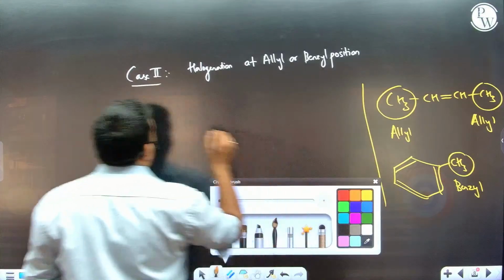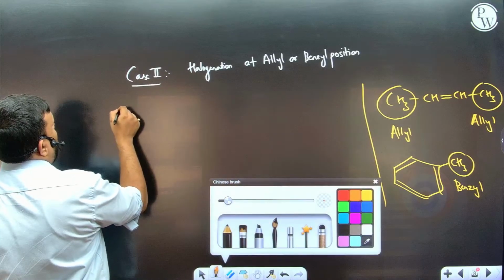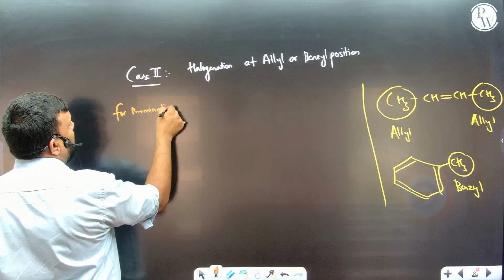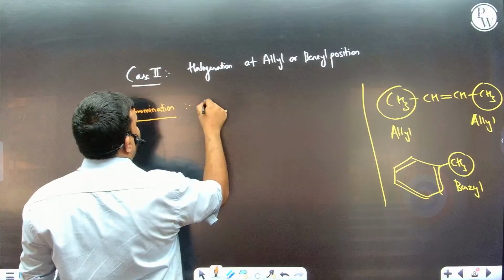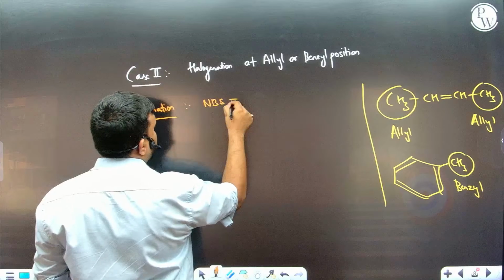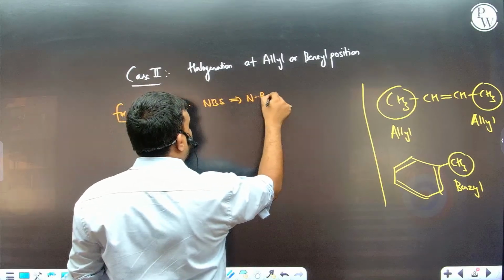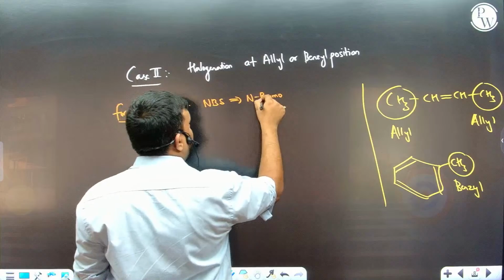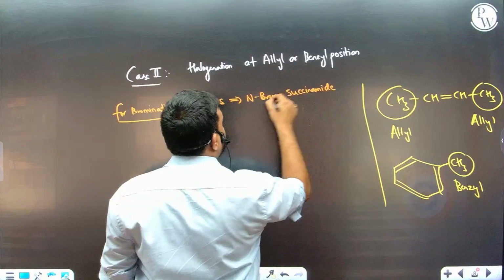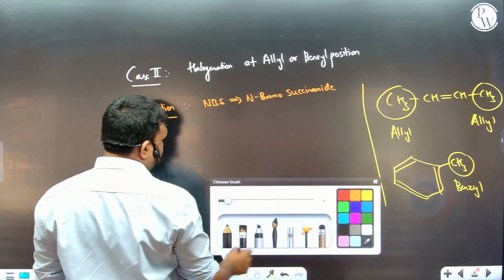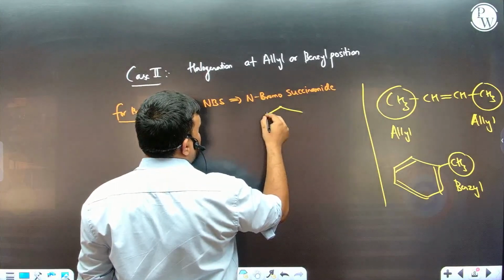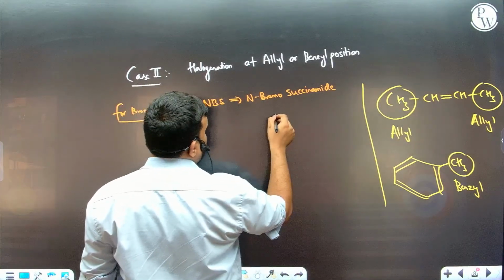we are having, first of all, let us have bromination. For bromination, we are using the reagent NBS, where the full form of NBS is N-bromosuccinamide. What is this N-bromosuccinamide? Let us have the structure of it.